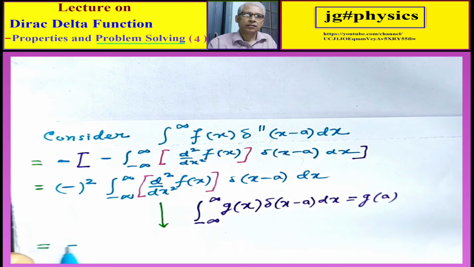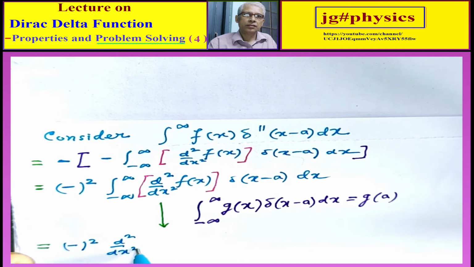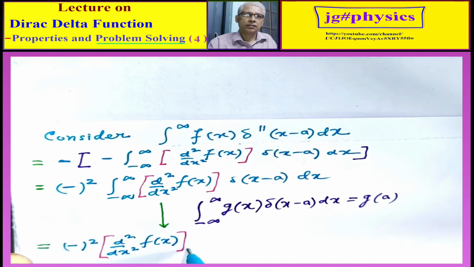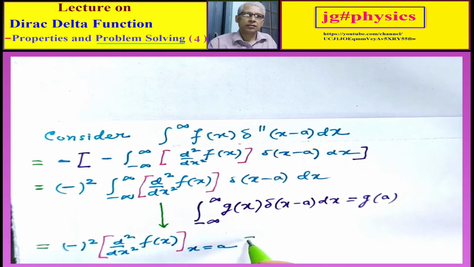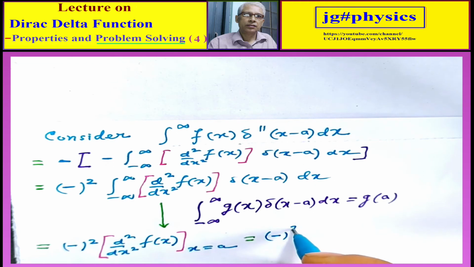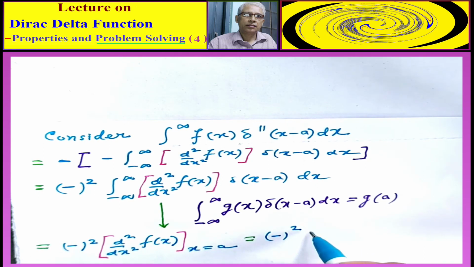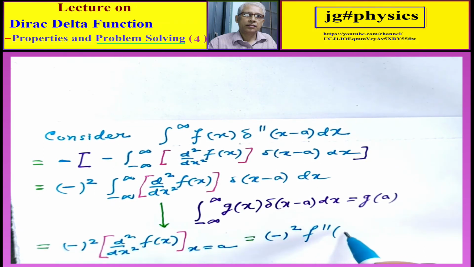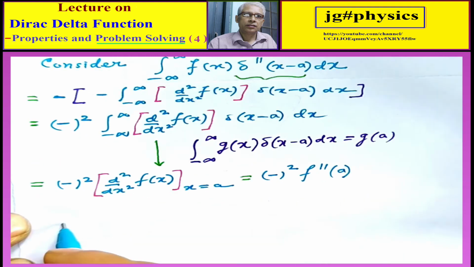Obviously g of x is d2 dx square of f of x, and therefore the result will involve the value of d2 dx square f of x at x equal to a, that is f double dashed x at x equal to a, which is f double dashed a.